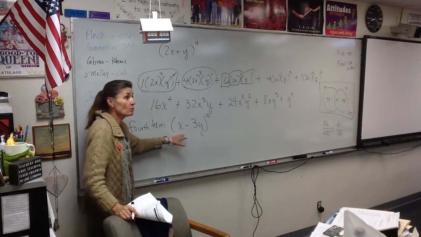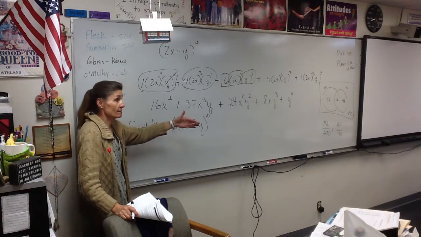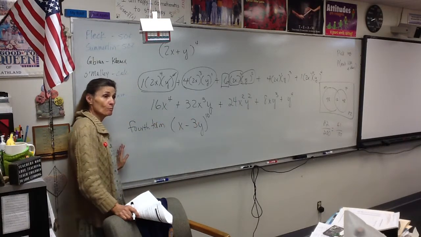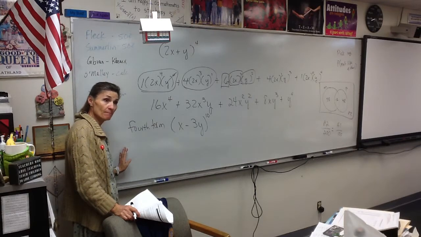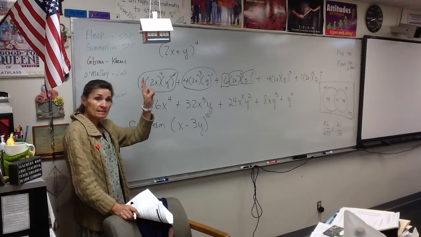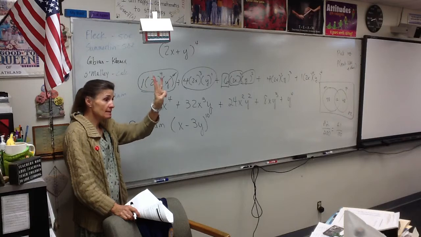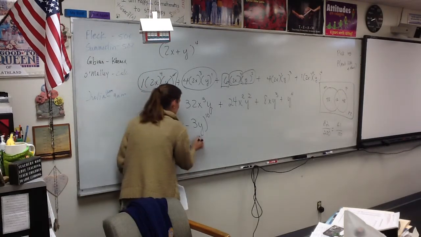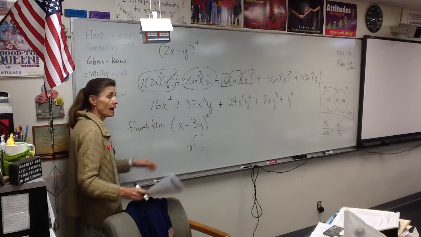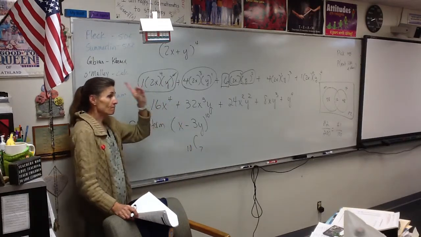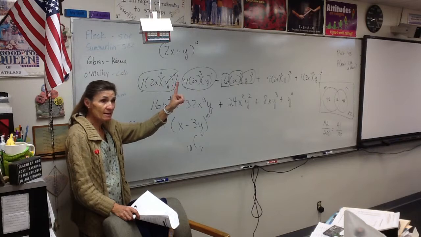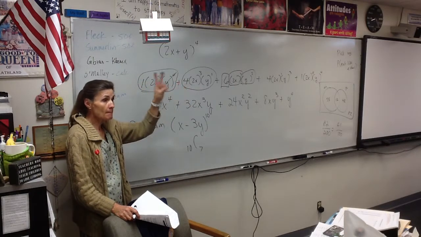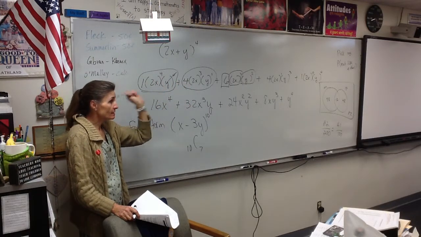If we were going to expand the whole thing, the first term would be 10C10, right? 10C9, 10C8, 10C7. The coefficient is 10C7. I just counted. The first term would be 10C10, 10C9, 10C8, 10C7.